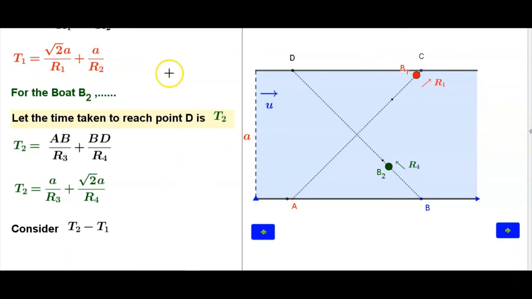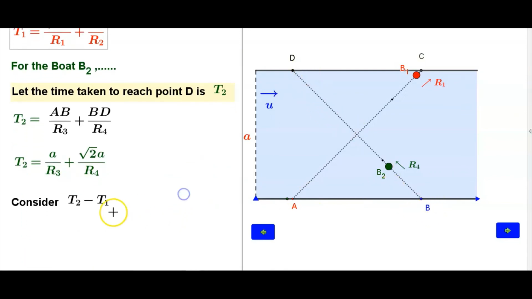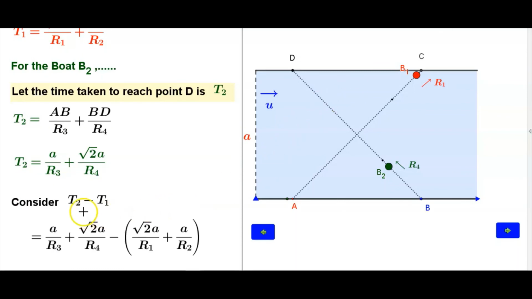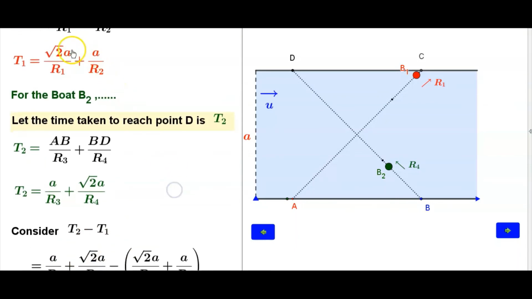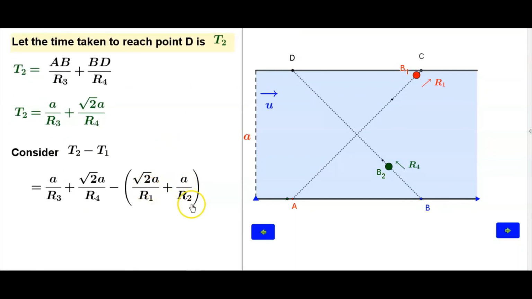T1 is the total time for the board B1 and T2 is the time for the board B2 to reach D. Now we want to consider the time difference T2 minus T1 and simplify, and we will see what is happening. T2 minus T1 is A over R3 plus root 2A over R4, minus root 2A over R1 plus A over R2.